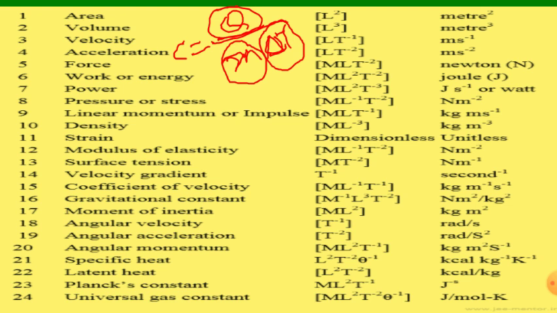Now what happens in the dimensional formula? Heat is just like work done, they are the same. So its expression will be force into distance, right? Work done. And this is about the mass, and this is for temperature. Let's write it like this.